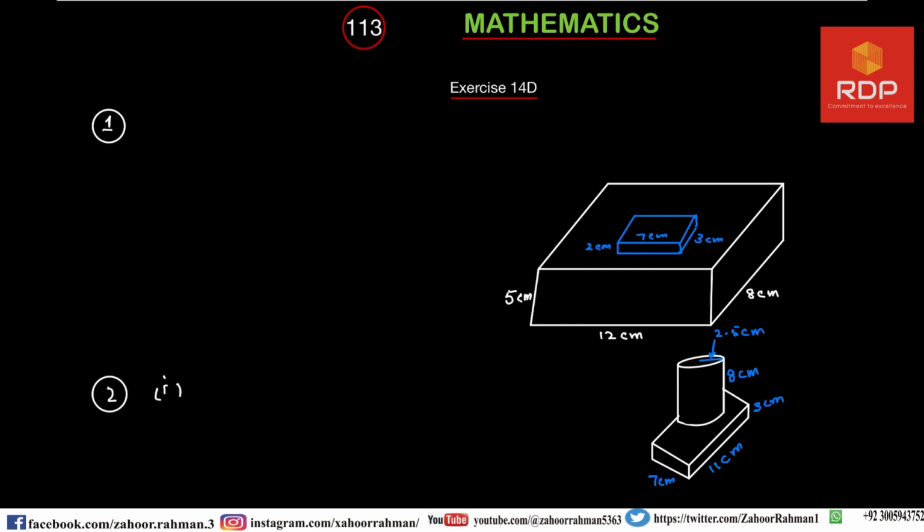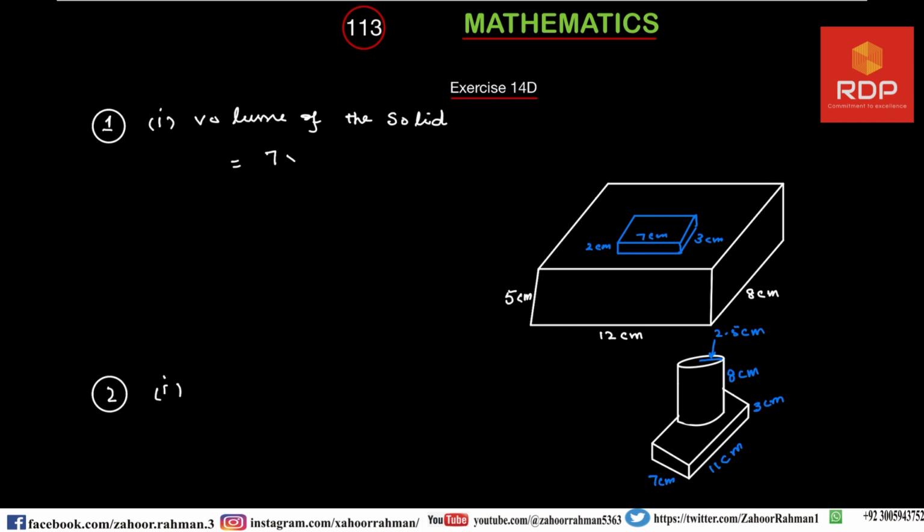Now nothing is left, the dimensions are given and we have to find the volume. So in this case we are finding the volume of the solid, which is the combination of both cuboids.